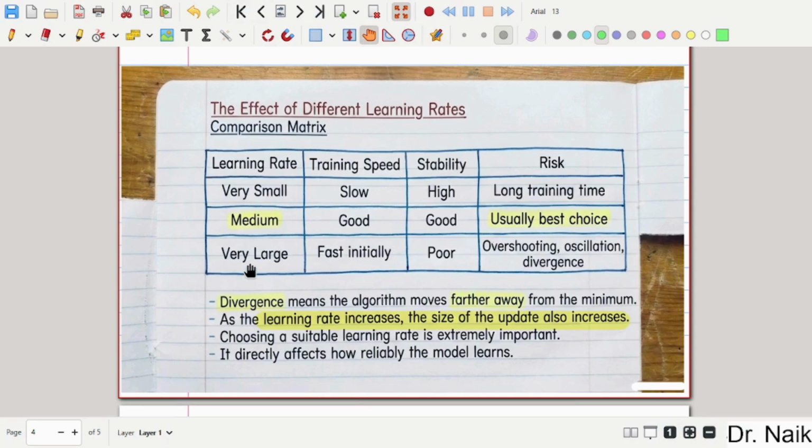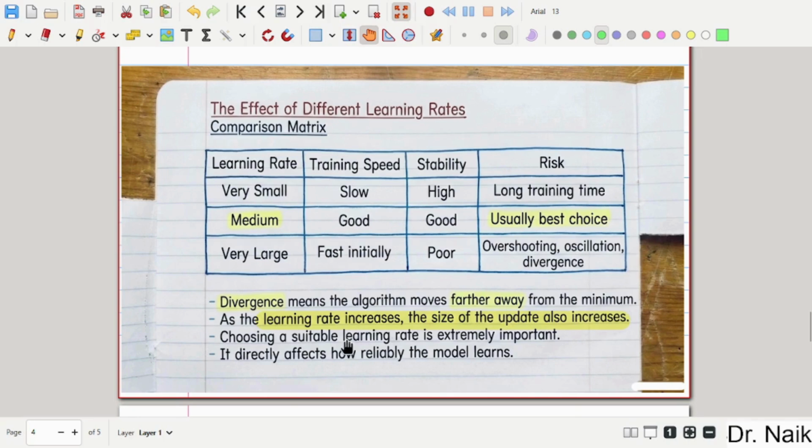If the learning rate is very large, then training speed is very fast initially, but stability is poor, and a large learning rate may overshoot or oscillate, or divergence may occur. Divergence means the algorithm moves farther away from the minimum.